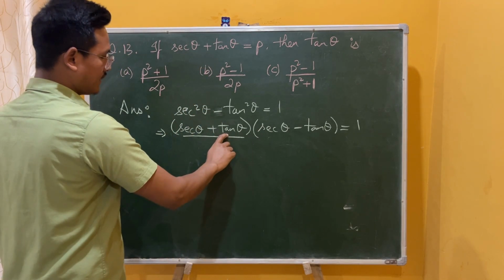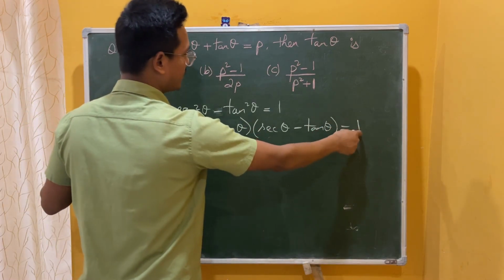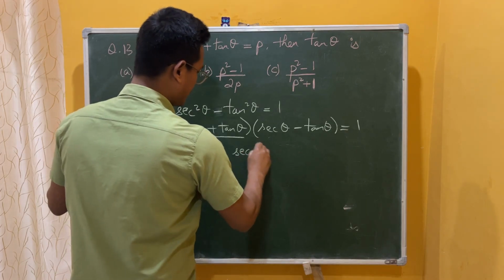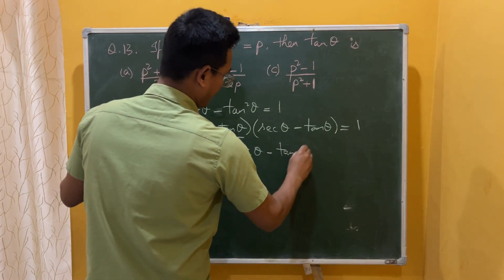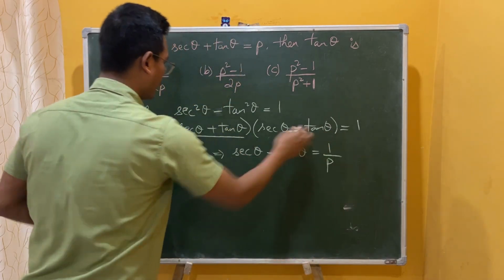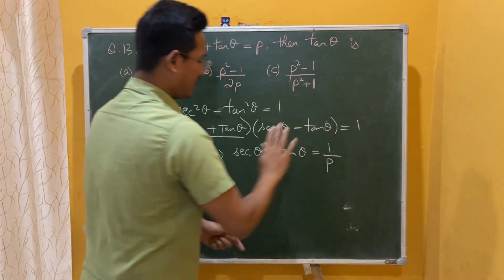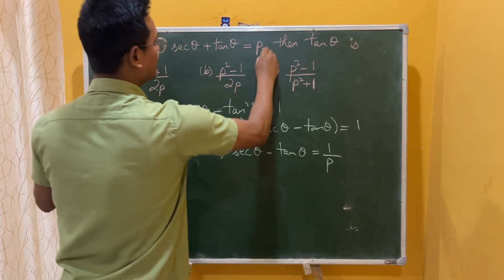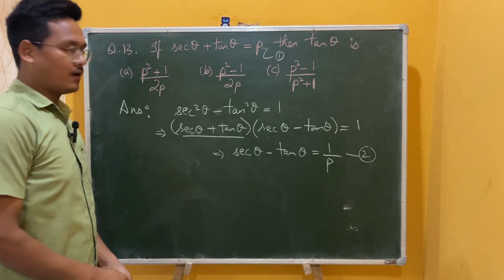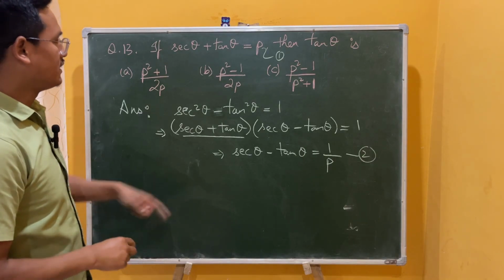This one. So if you send it to the other side, it is going to divide 1. So I'm directly going to write the result, that is sec theta minus tan theta equals 1 over p. It's like 1 over this, so that means p, right? So let's say this is equation 1 and this is equation 2. Now let's solve these two equations.